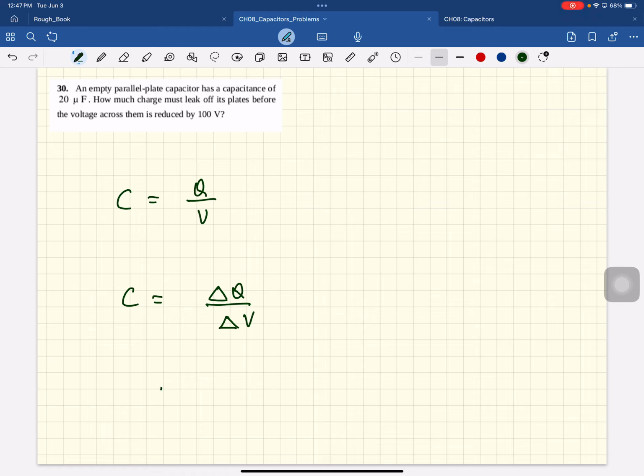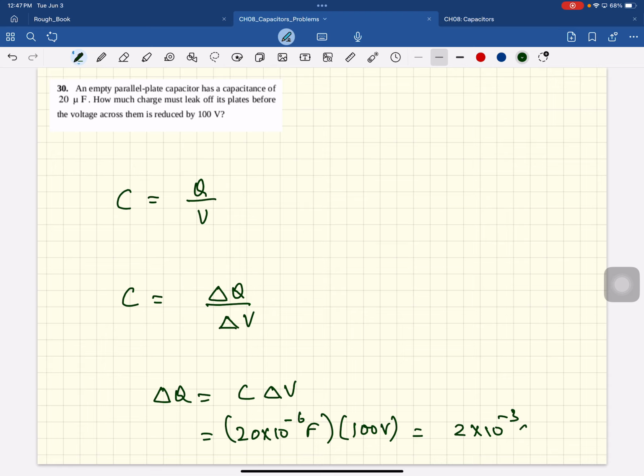So delta Q is C delta V. 20 microfarads, and the change in voltage is 100 volts. So 2 into 10 to the minus 3 coulombs, 2 millicoulombs. So 2 millicoulombs need to leak out.